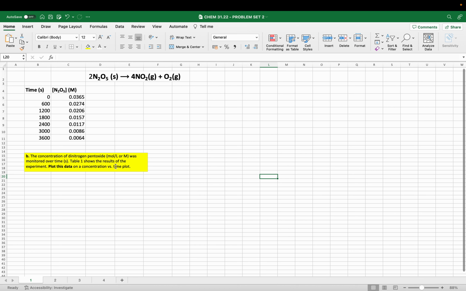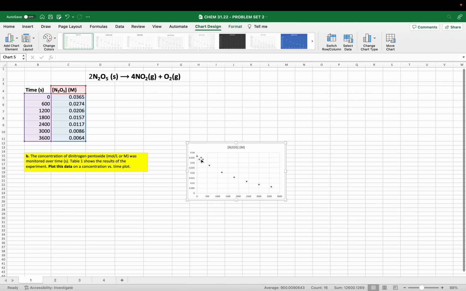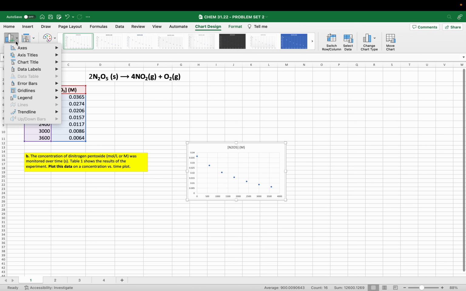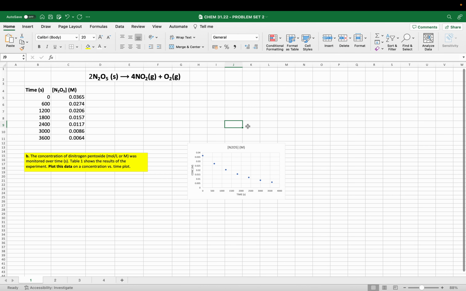So what you'll do is copy this data onto an Excel sheet, or start inputting it into your scientific or graphing calculator. You will then try to create the following, making sure that your axes are pretty clear. For a concentration versus time plot, time will always be on the x-axis, and concentration in molarity on the y-axis.